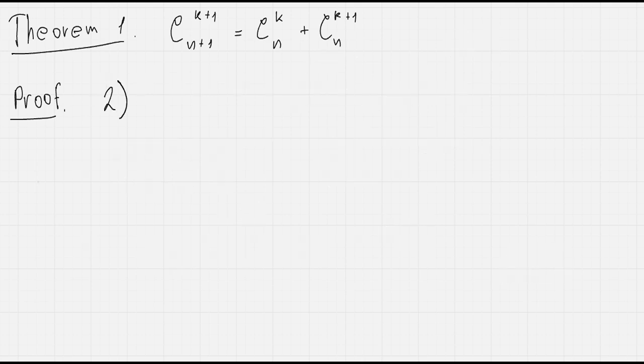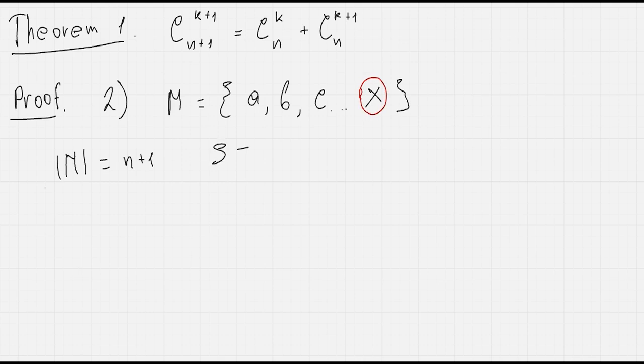The second method, combinatorial. Let us be given a set M consisting of n plus 1 elements. The number C(n+1, k+1) is the number of ways to select a subset of k plus 1 elements. Let us fix some element x of the set M. It may either be included in the desired subset or not.